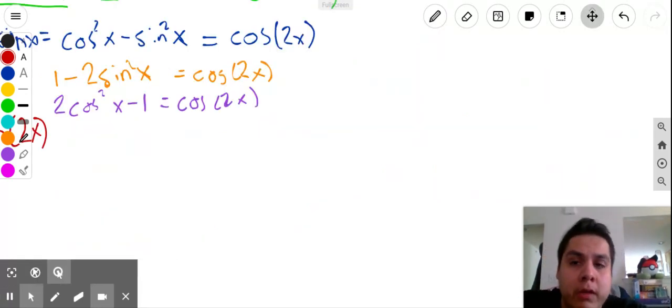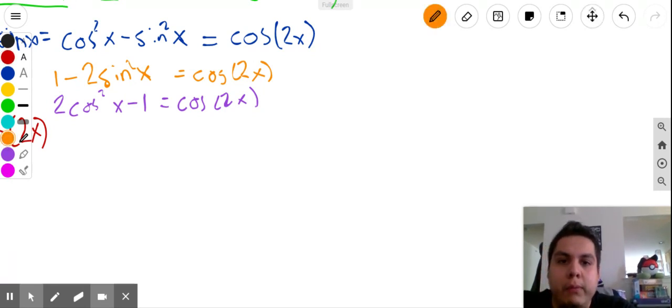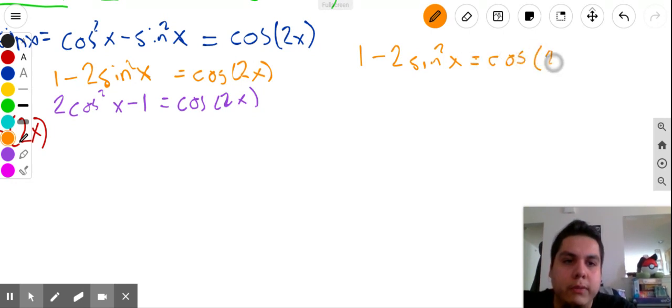Okay. So based off what we did for the double angle identity in the orange, we know that 1 minus 2 sine squared of x should be equal to a cosine of 2x.